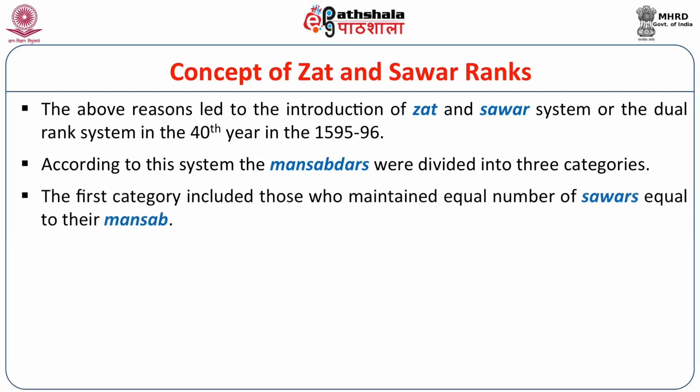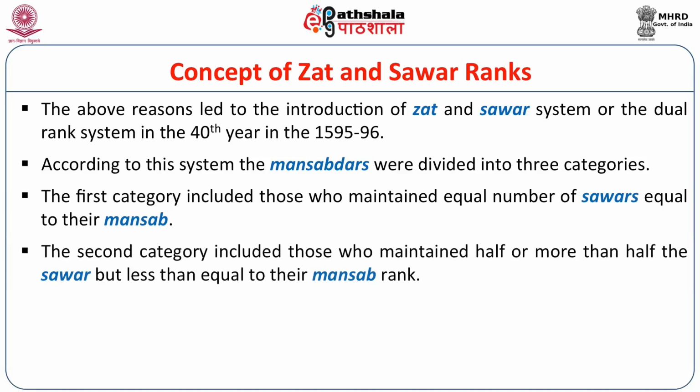The first category included those who maintained a number of Sawars equal to their Mansab. So 1000 Mansab, 1000 Sawar. The second category would include those who maintained half or more than half the Sawar, but less than equal to the Mansab rank. So a 100 Mansabdar would be in the second category if he had 50 Sawar, or up to, let's say, 90 Sawar.